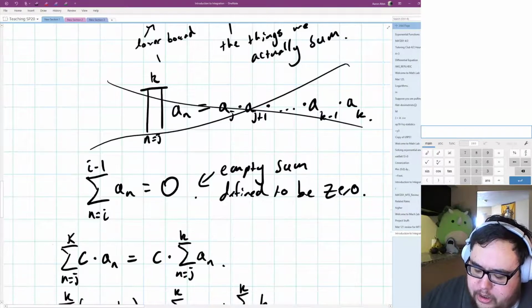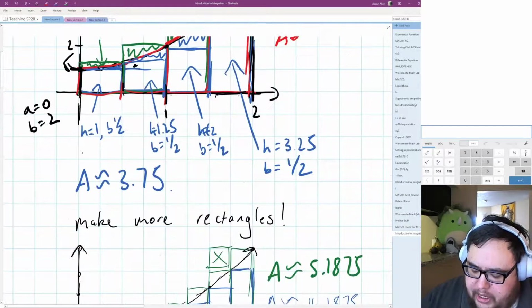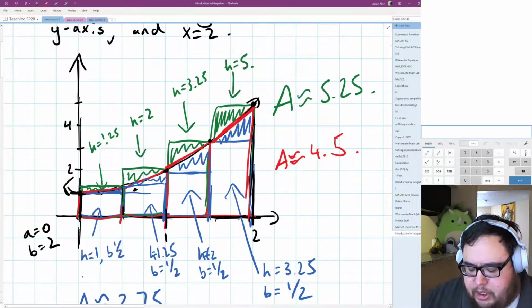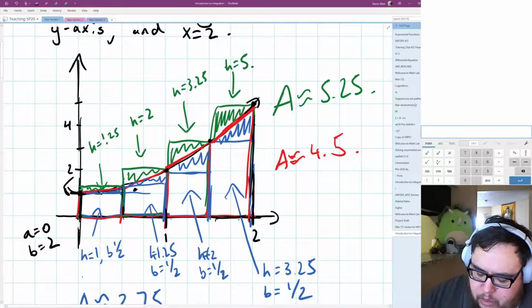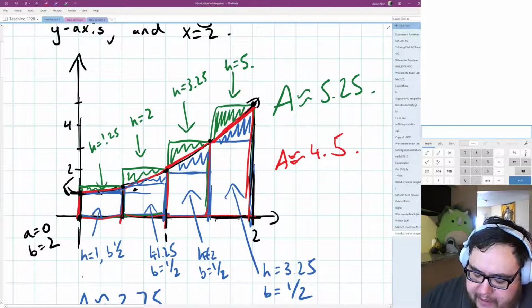If we go back to our case here, our starting coordinate was 0, and then if we take a plus delta x, we're going to get from 0 to 1/2. So the first term of our sequence will give us 1/2.